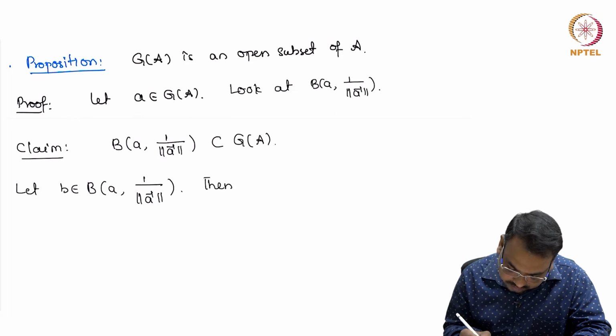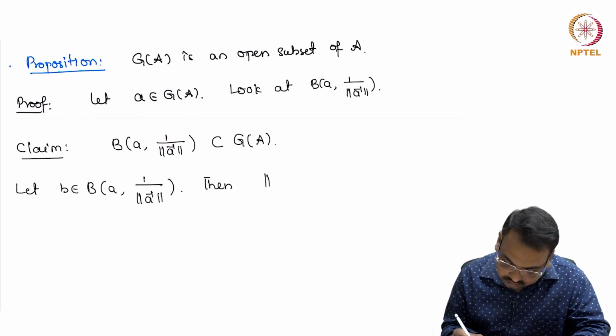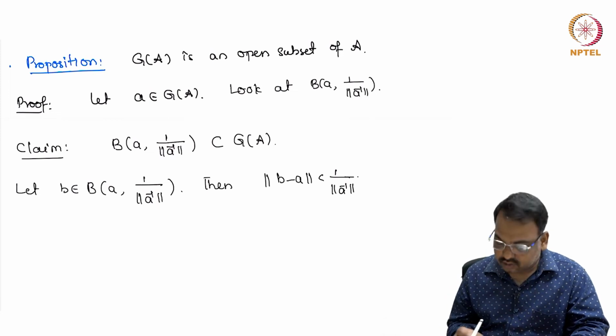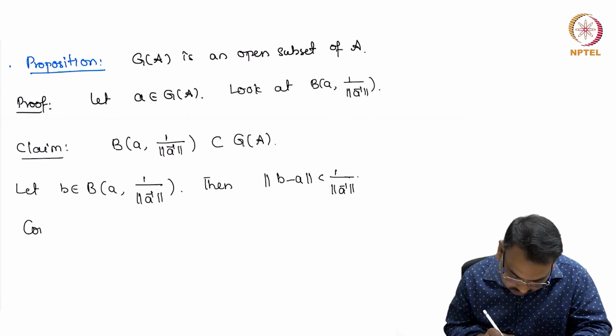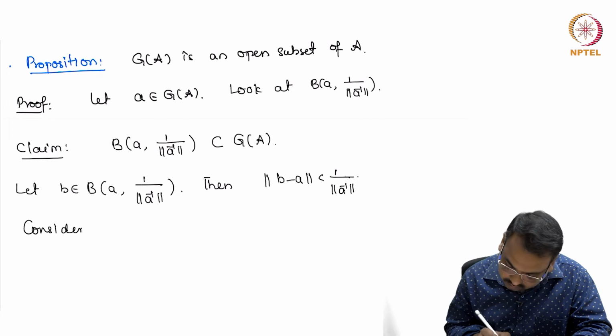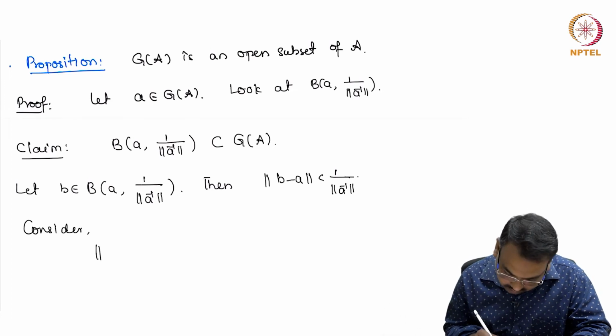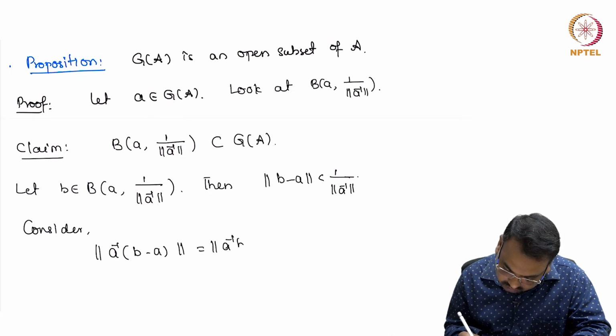Then we get norm of B minus A is less than 1 by norm A inverse. Consider norm of A inverse into B minus A, which is norm of A inverse B minus 1.